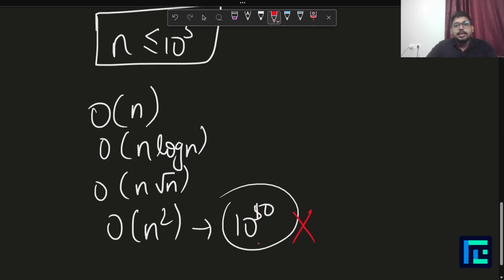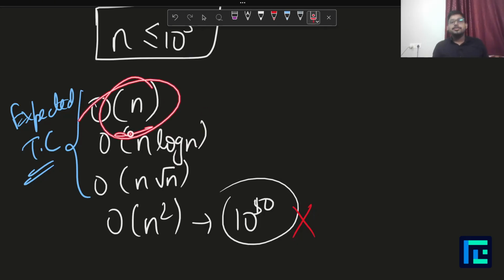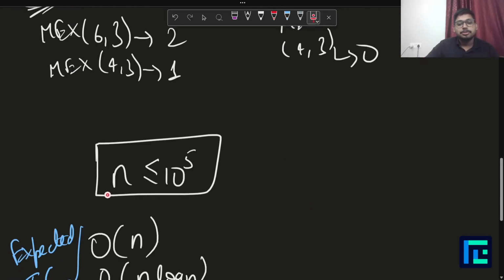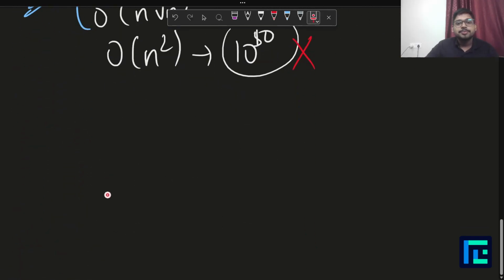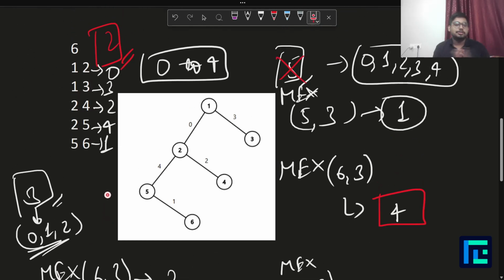So basically we have to be linear, or maybe have some log factor extra. N root n is a very rare case, and in this tree type of problem that would most probably not occur. So now we need to find some linear solution to this problem.